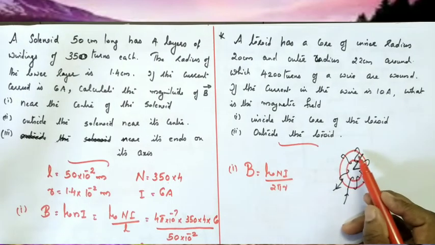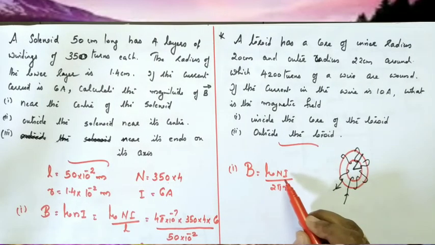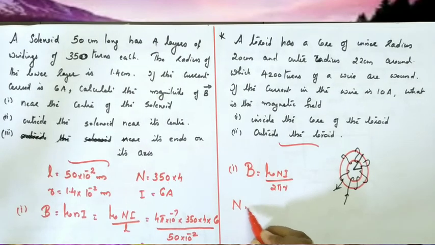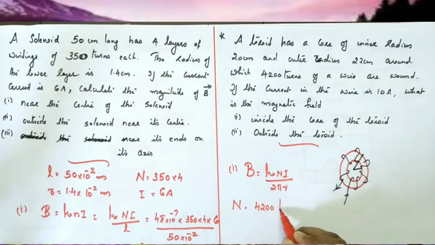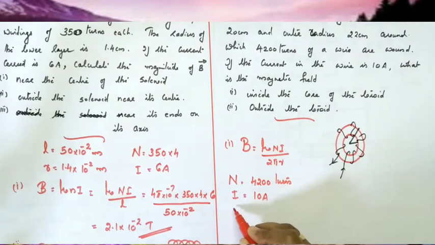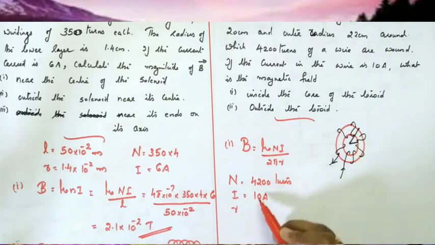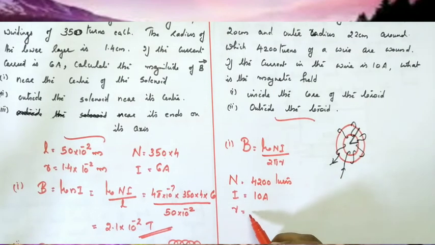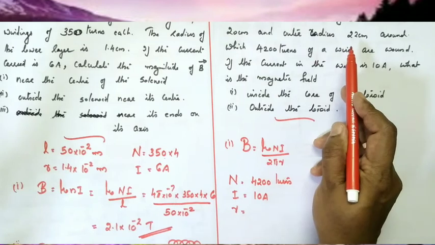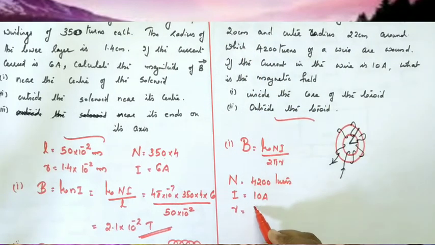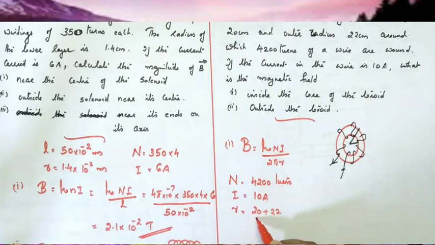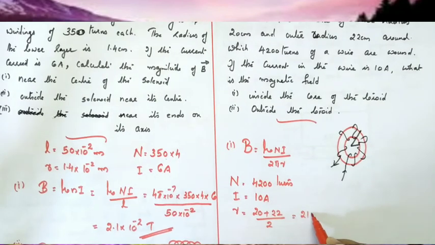That is the magnetic field in the inner core of the toroid. The number of turns N is 4200, current I equal to 10 ampere. Inner radius and outer radius are given; we have to find the mean radius. 20 plus 22 divided by 2 is equal to 21 centimeter, the mean radius. We can convert to meter.